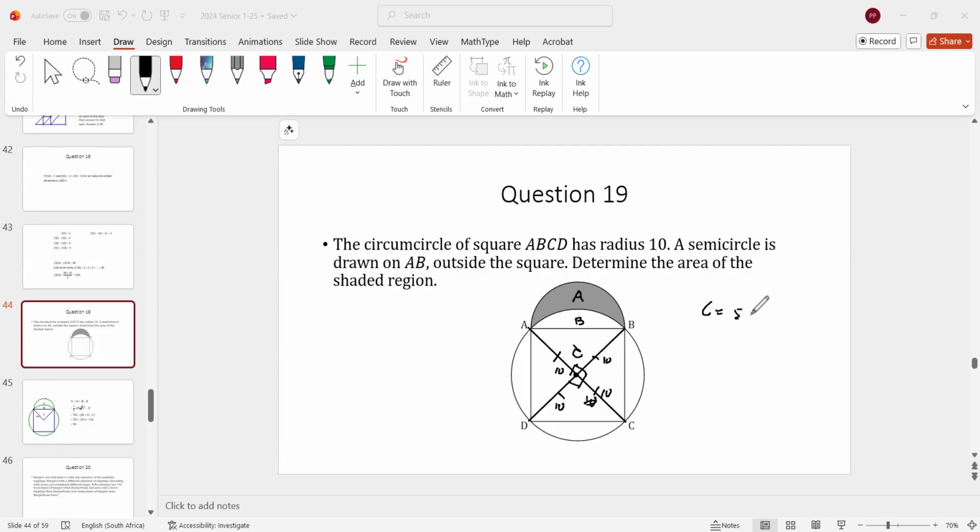The base, if you take it as 10, gives the area C as 50. Now B is a funny looking shape, but you can say it is the same as B plus C minus C.